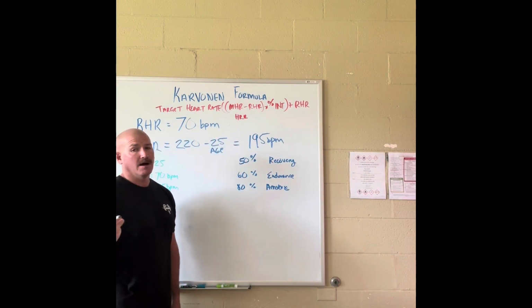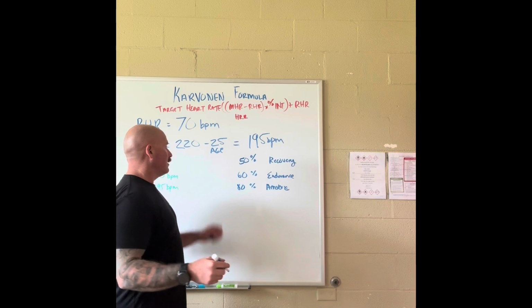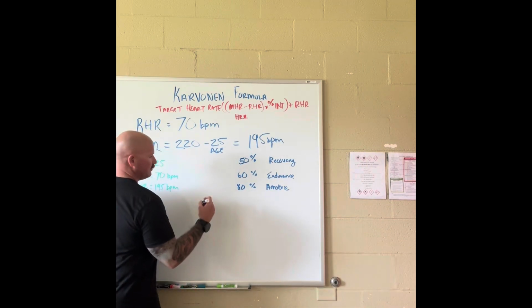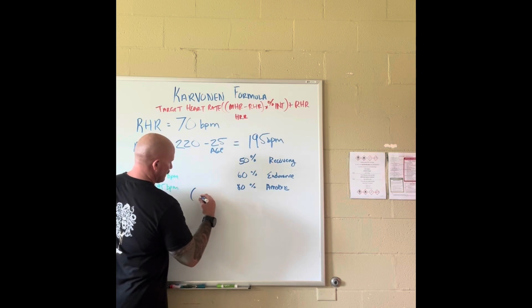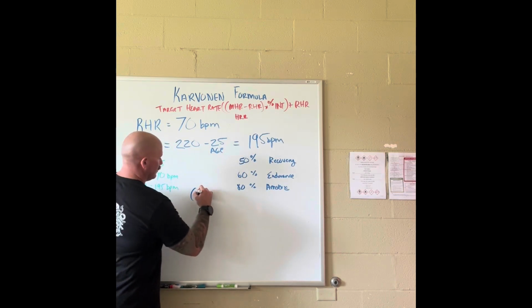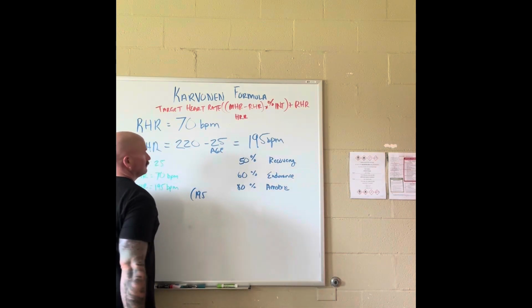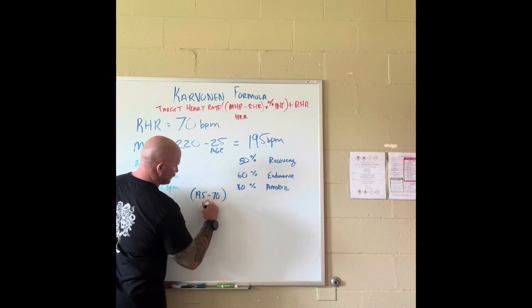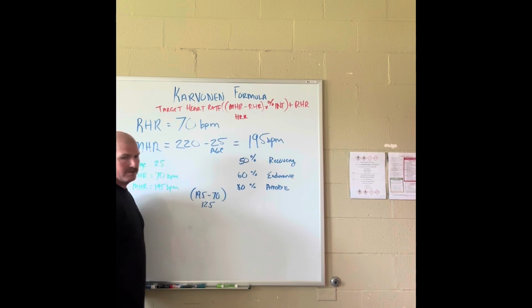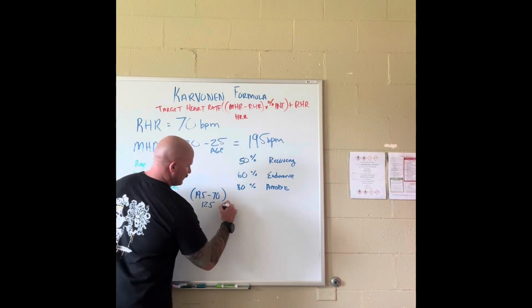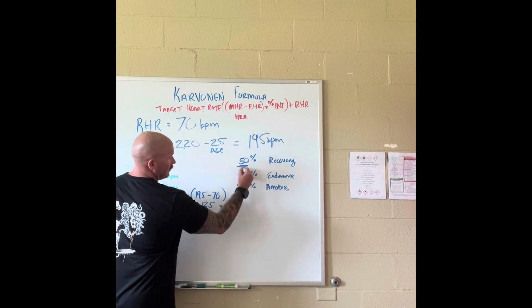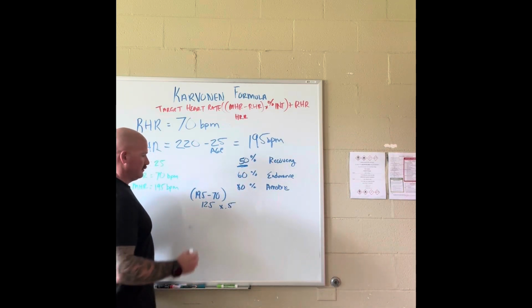So the math when it comes to 50% is going to be 195 minus 70, which will give us 125, times 0.5, which is your 50% intensity.